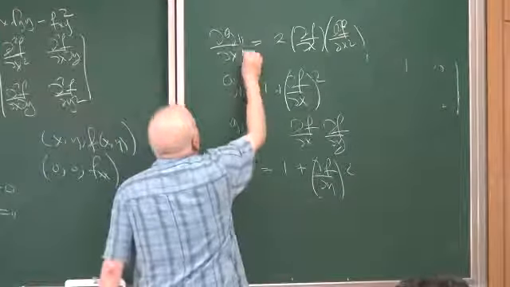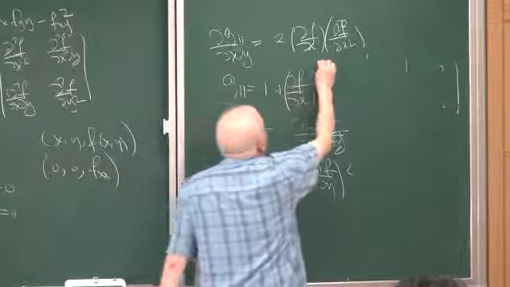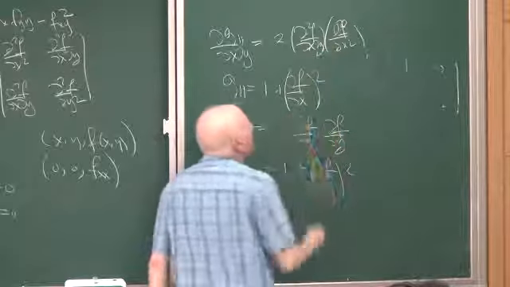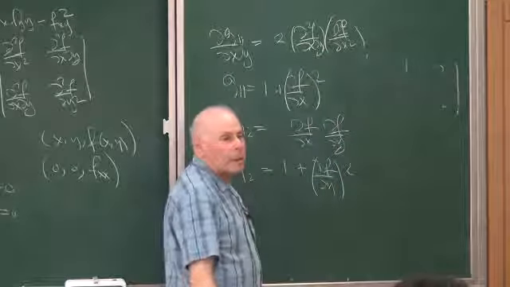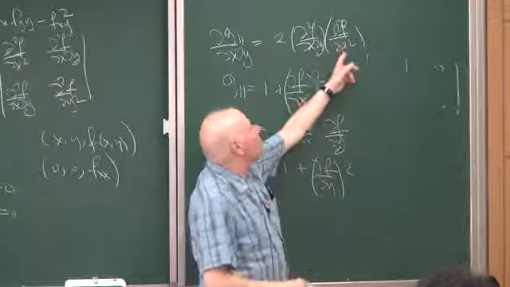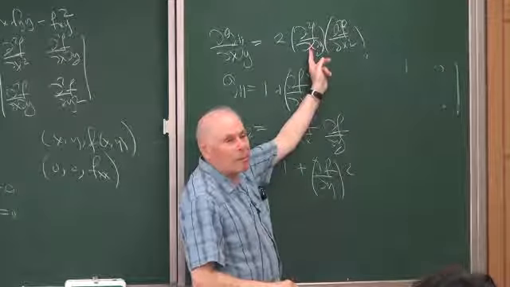So this will give a y here, right? And then this guy differentiated with respect to y, this guy stays the same.